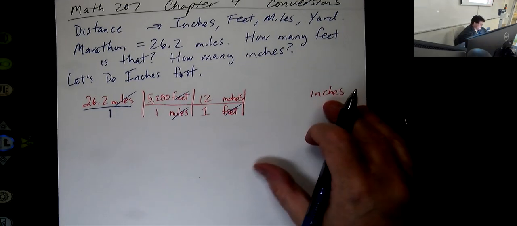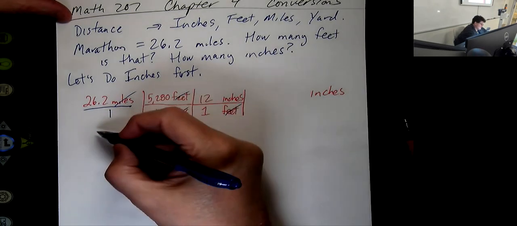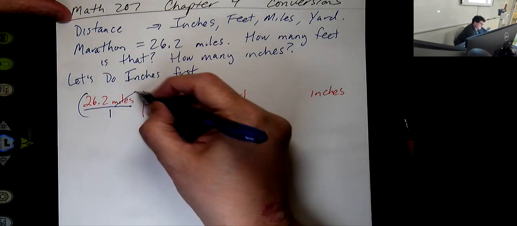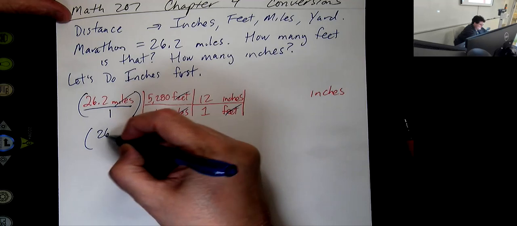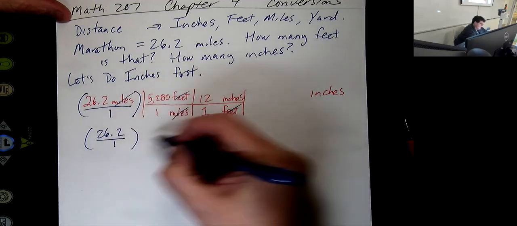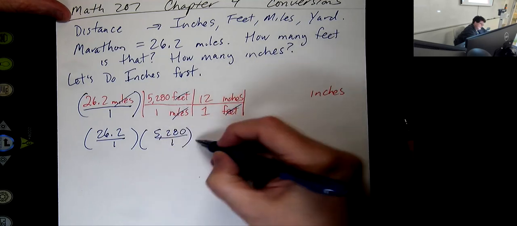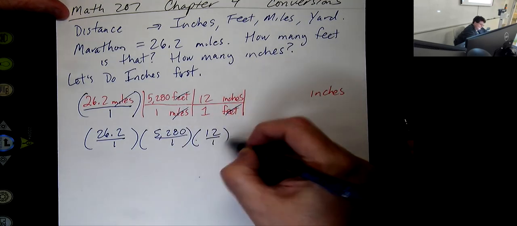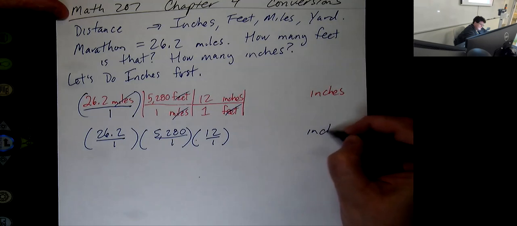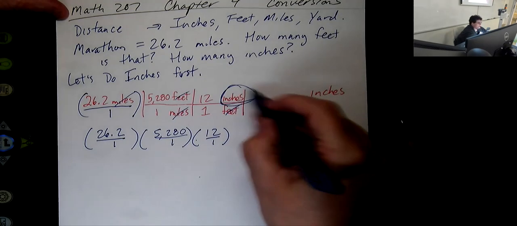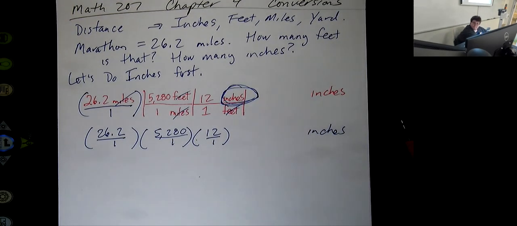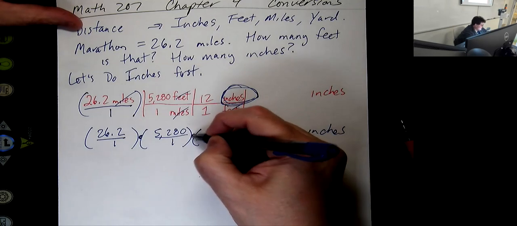So what we're going to do is treat these all like fractions. This is 26.2 over 1. This is 5,280 over 1. And this is 12 over 1. And we're left with inches. That's the only unit we have left. With fractions, we multiply top and bottom together separately.